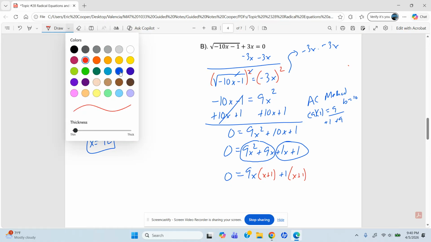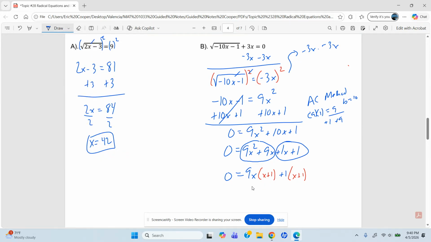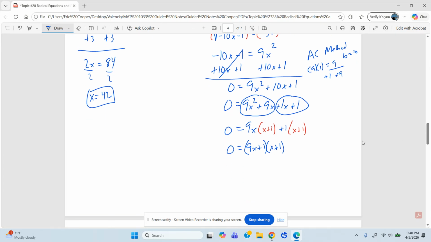I know everything is good because the parentheses here in red are exactly the same. So this will become 9x plus 1 and x plus 1. And now we're going to take these and set each of them equal to 0. So x plus 1 equals 0, and 9x plus 1 equals 0.